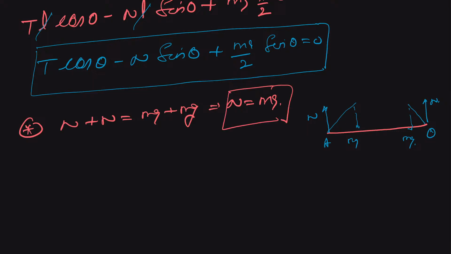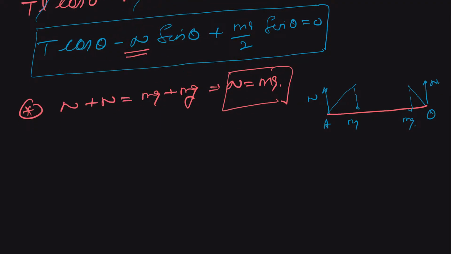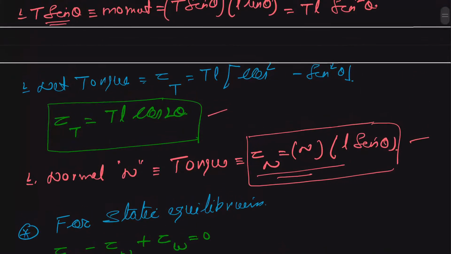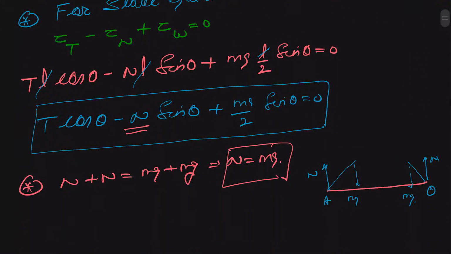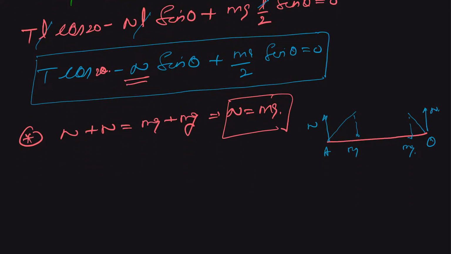And we are going to put n equal to mg in this equation. Therefore we get this as T. This is 2 theta, not theta. 2 theta, 2 theta, and it is n of sine theta. Rest is okay, I think. So we can write this as T cos of 2 theta minus mg sine of theta plus mg by 2 sine of theta is equal to 0.